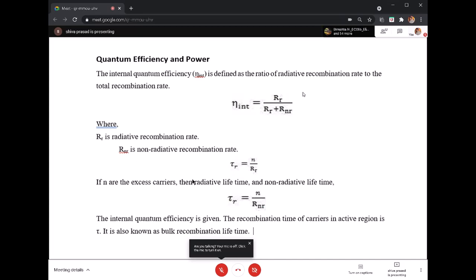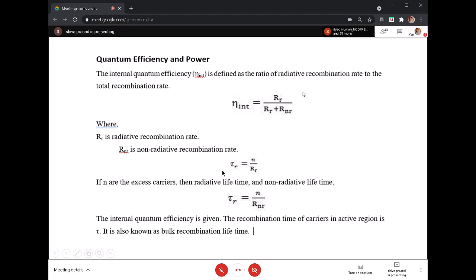That recombination we call radiative, and there is also non-radiative recombination. Whenever there is an external source, either current or external light, the electron-hole pairs combine, and the light liberated is the radiative recombination. The rate at which this happens gives the internal quantum efficiency.